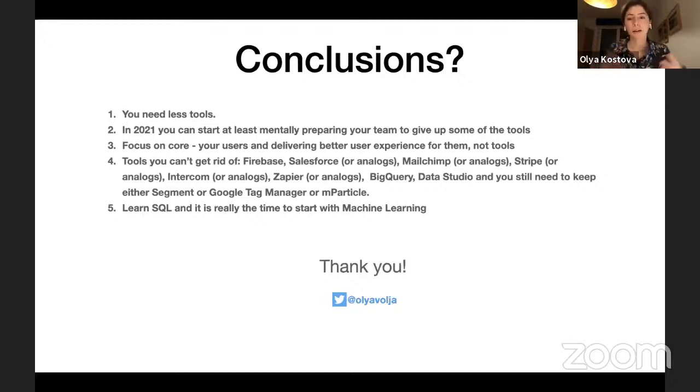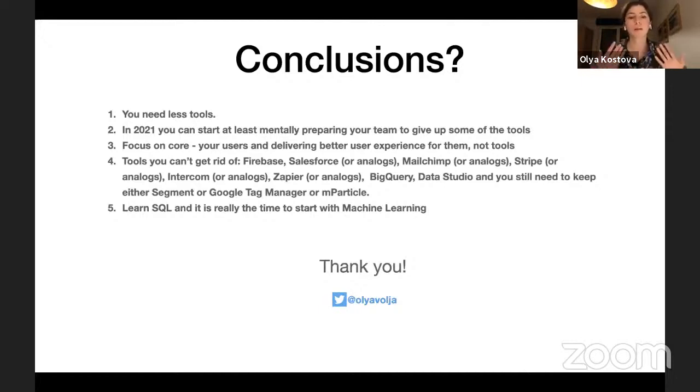And then, of course, CRMs like Salesforce, you can't get rid of them, they will be there. And then tools for email marketing campaigns, they will always be there, like MailChimp, Marketo, anything you use, what you like. Stripe, you need it. And then something like Intercom or analogs of Intercom, you need it.